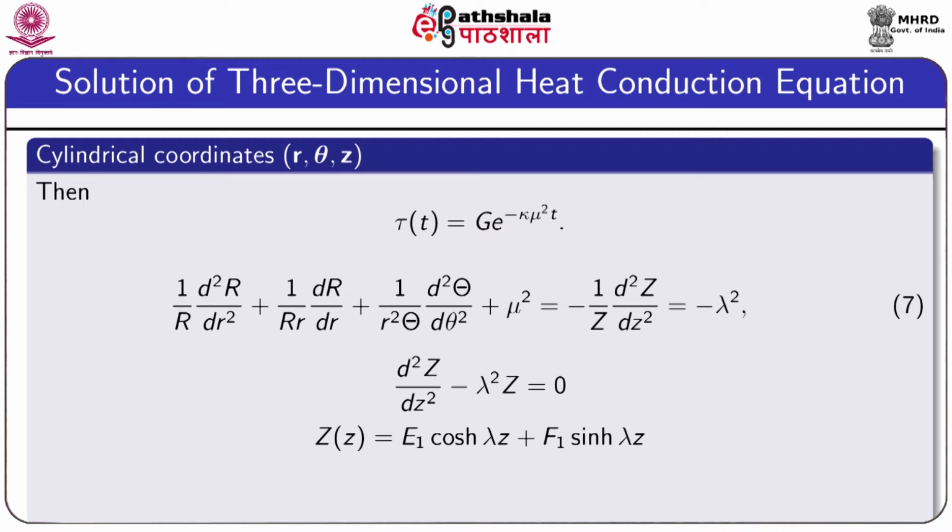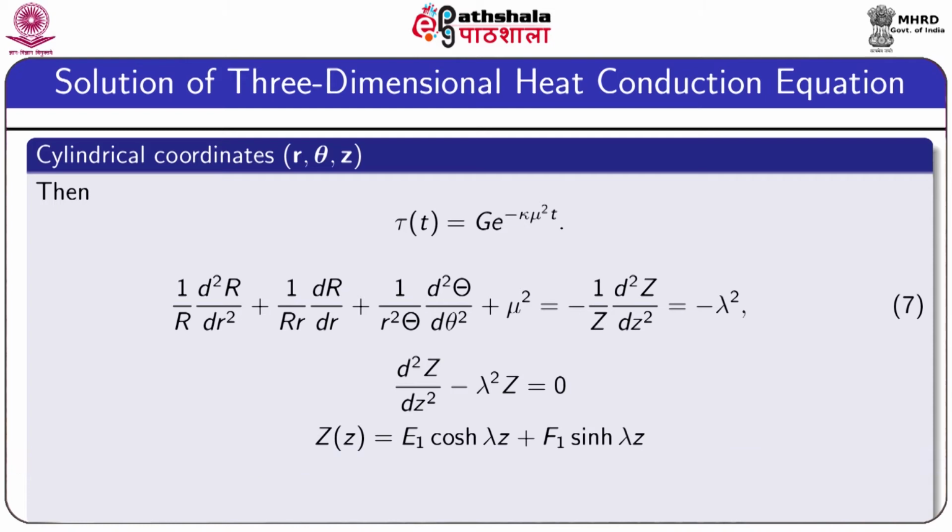We want to separate the function Z from the function of capital R and theta. For that purpose, we write the equation in the form which is given in equation 7, and we assume the separation constant as lambda square to obtain the equation in Z, which is written here, and the solution of this equation is written here.